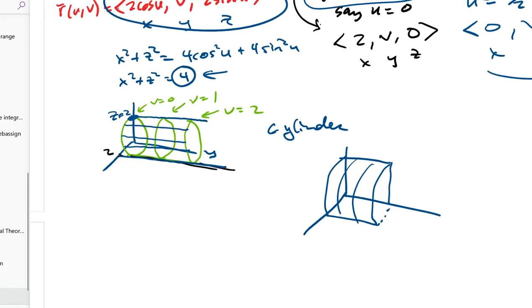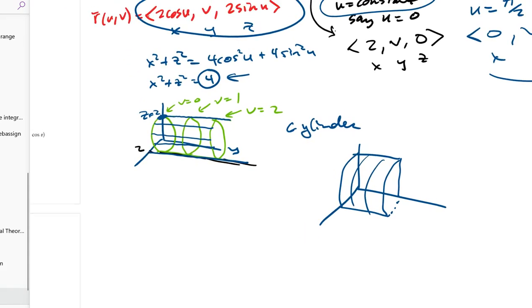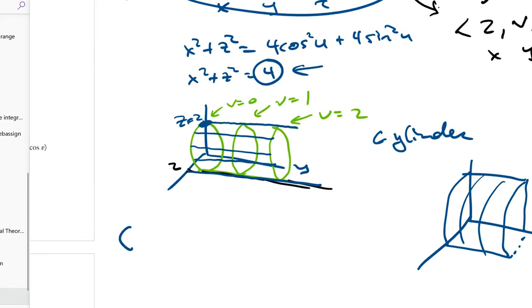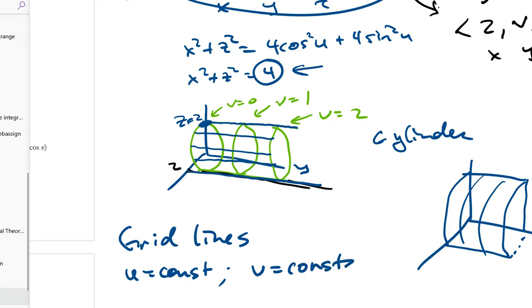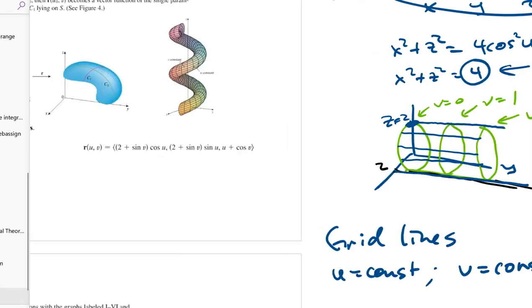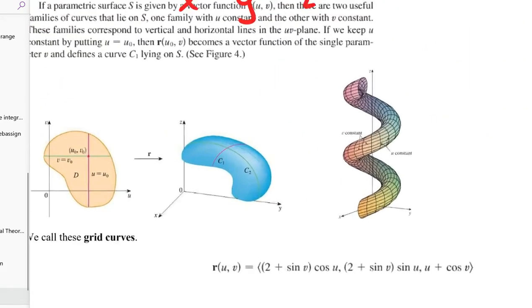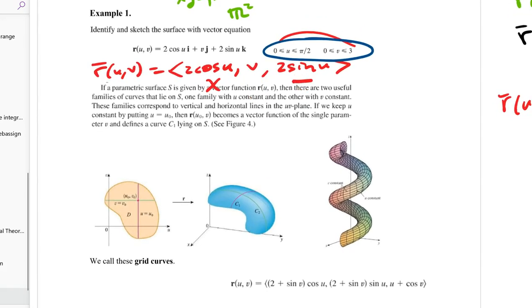Alrighty, so these lines that we've drawn here, the circles and then these lines, these are called grid lines. This is where u is a constant. We alternately let u be a constant and then v be a constant. You'll see this in how things are graphed in Mathematica and other programs like Wolfram Alpha.